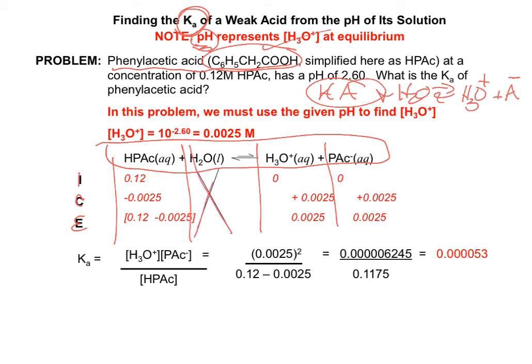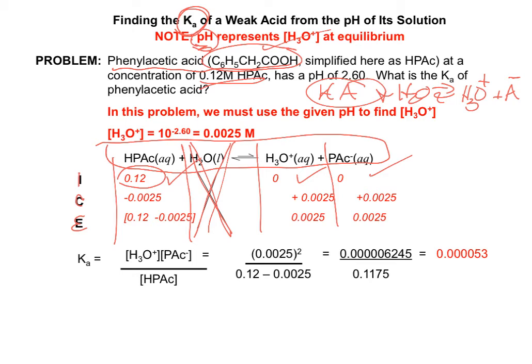Remember that water or any pure liquids and solids do not affect the position of an equilibrium, so we're going to leave that out of the equilibrium expression. The initial concentration of the weak acid, the problem told us, was 0.12 molar. And as usual, unless we're told otherwise, the initial concentration of the products is 0.